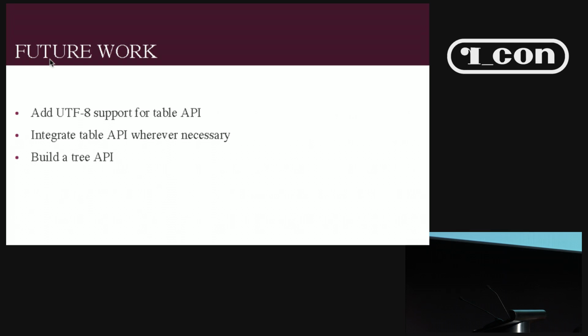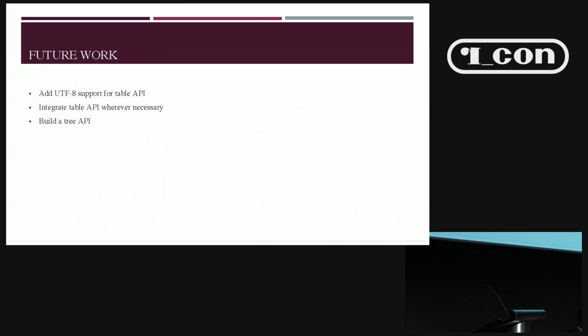One of the other important tasks in the command line interface is the implementation of the tree API, which I'm interested in and will be working on soon. Apart from this, there were a lot of other minor issues in the project. I thought that they were too minor to be put on this slide, so I didn't put a lot of them on here.